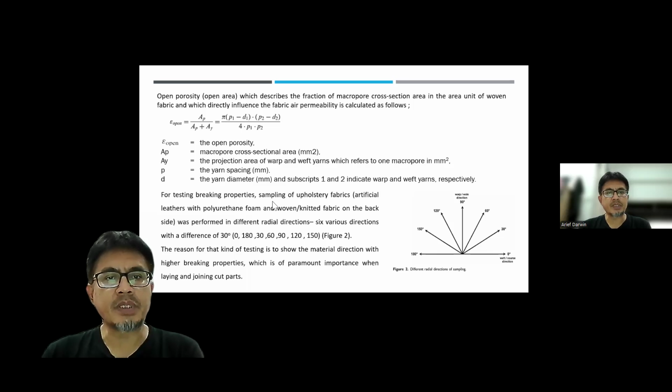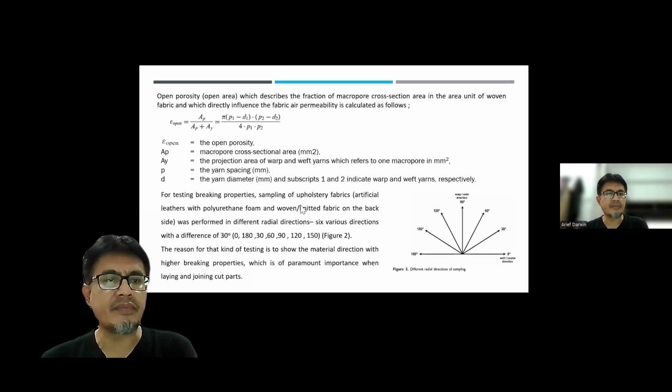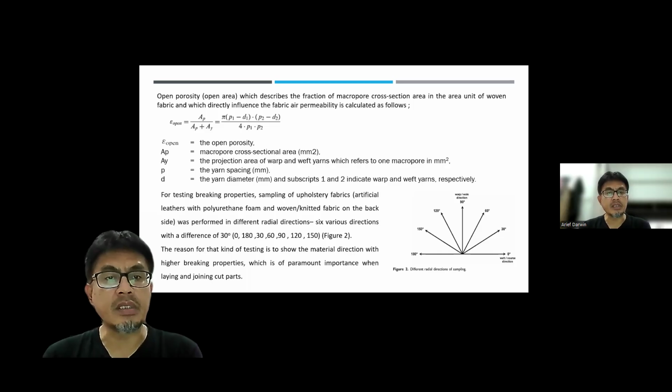For testing the breaking properties, sampling of upholstery fabric, which is the artificial leather with polyurethane foam and woven or knit fabric on the backside, was performed in six different radial directions with a difference of 30 degrees. So it starts from 0 degree, 30, 60, 90, 120, 150, and then back again to 180 degrees.